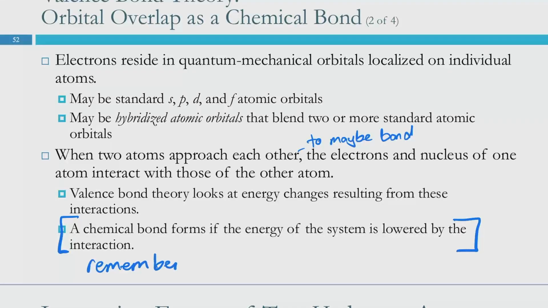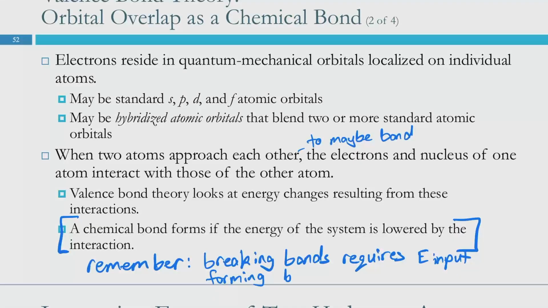And just as a reminder, breaking bonds requires energy, forming bonds releases energy. Because you're in a lower energy state when you're in a bond, and so to get you out of that, you have to put energy in to break that bond, to reduce that stabilization.